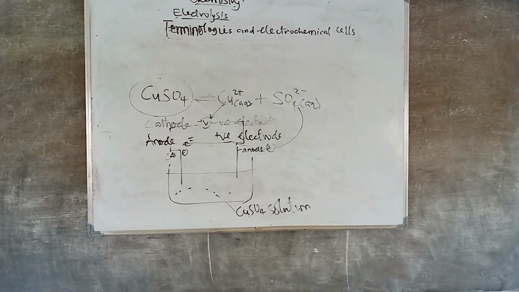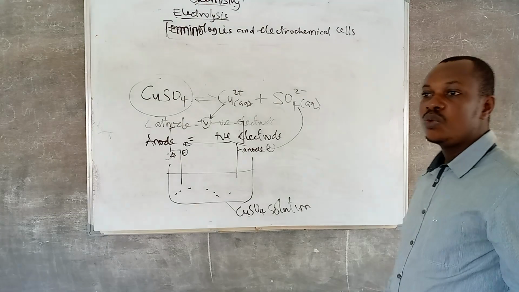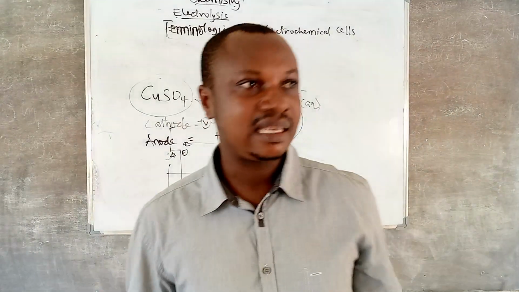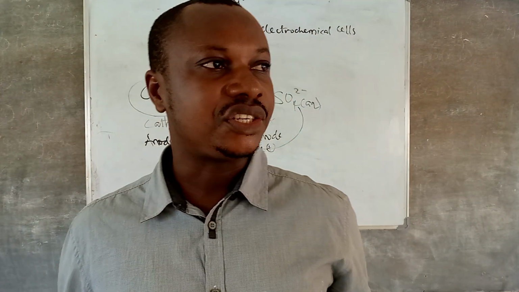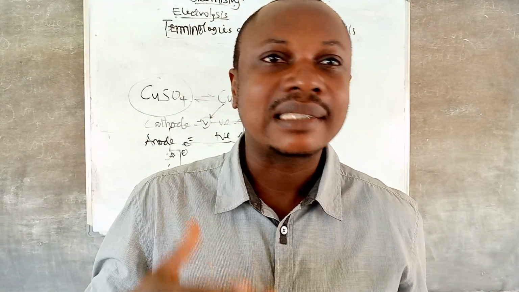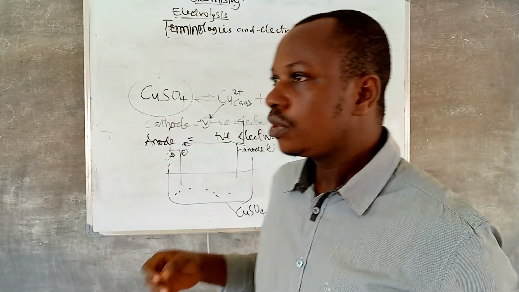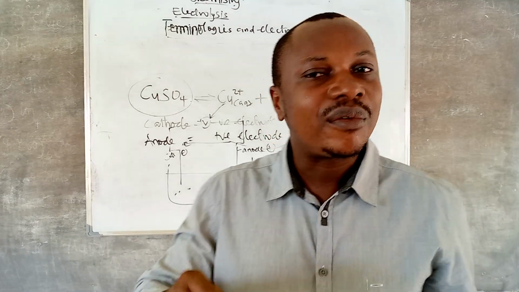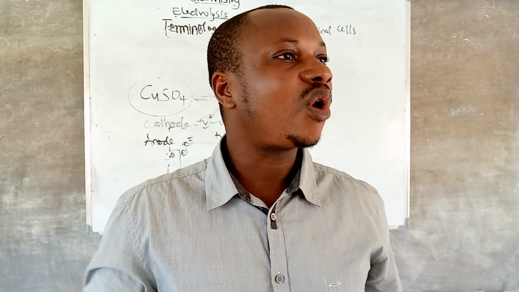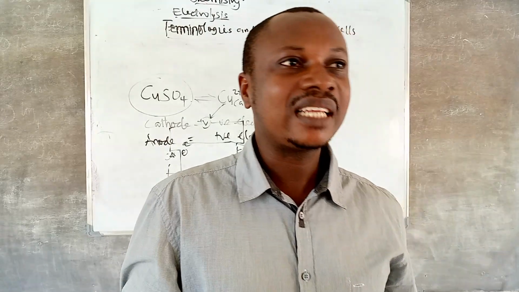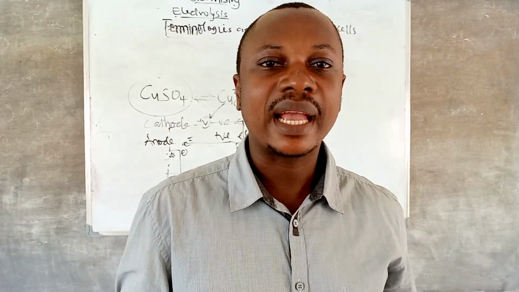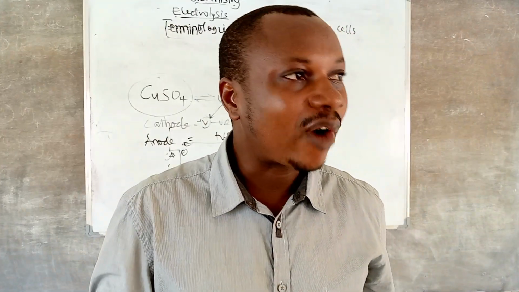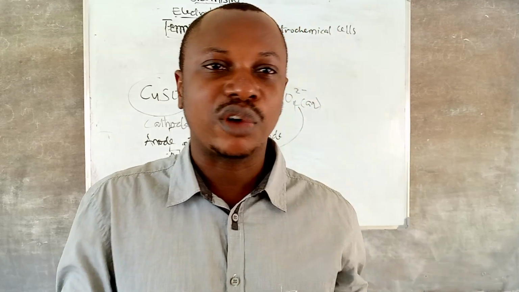Now let us see what an electrochemical cell is. If you're talking about an electrochemical cell, we are talking about a device in which chemical energy is converted to electrical energy. That is what we call a galvanic cell, or an electrochemical cell. Don't forget, both of them seem opposite of each other.